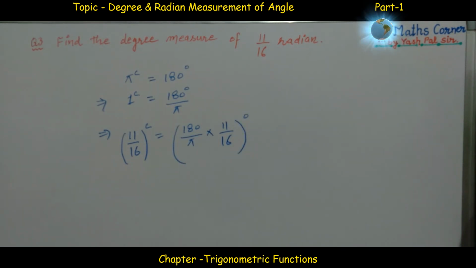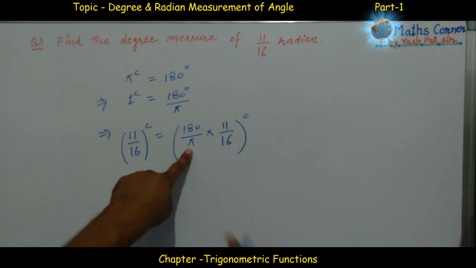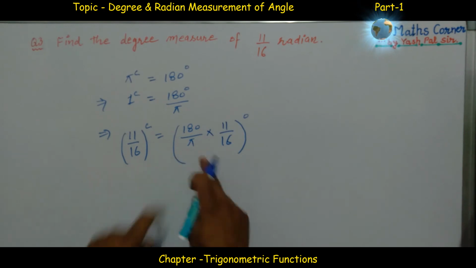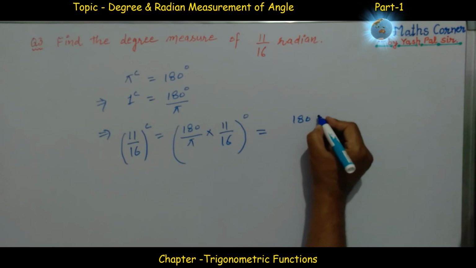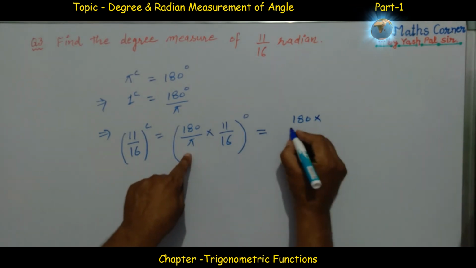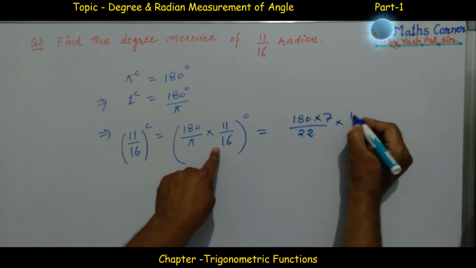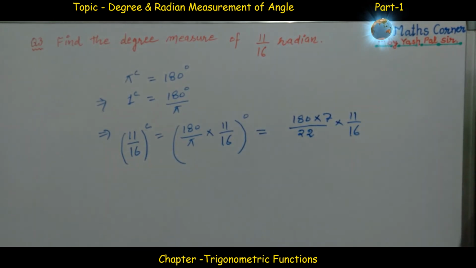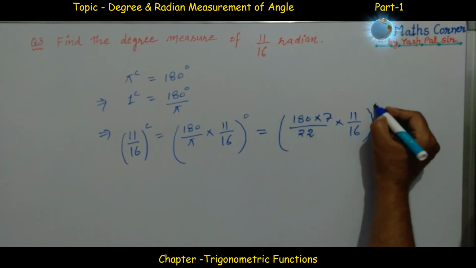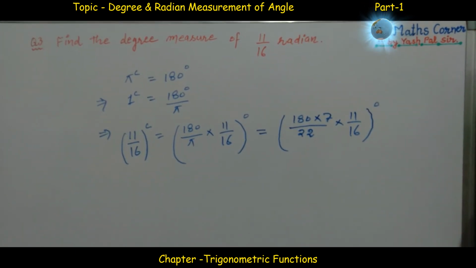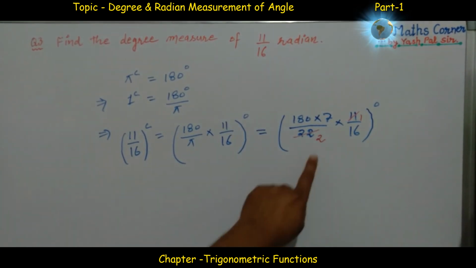Now what we are going to do here, we are going to insert the value of pi equal to 22 by 7. So this becomes 180 into 7 divided by 22 into 11 upon 16. So the result will be in degree. Here 11 ones are 11, 11 twos are 22.